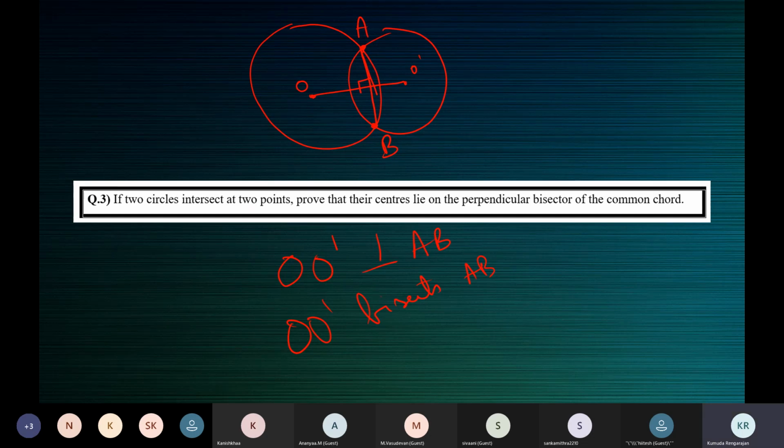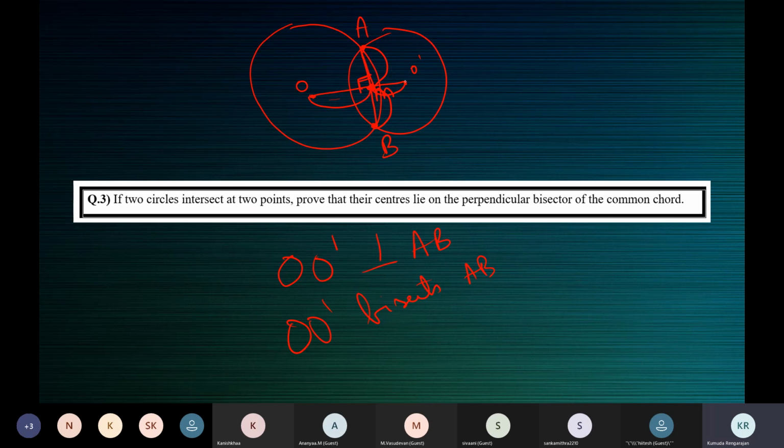We need to prove that OO dash is perpendicular to AB. That means this angle is 90 degrees here. Prove that this is 90. OO dash is perpendicular to AB and OO dash bisects AB. That is, if we mark this point M, AM is equal to MB. The chord is bisected, not OO dash.